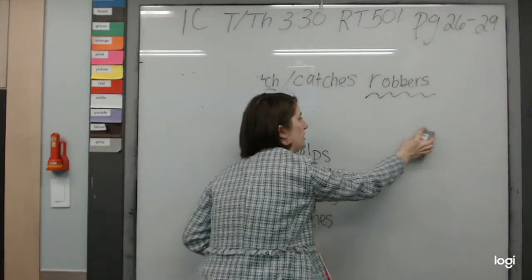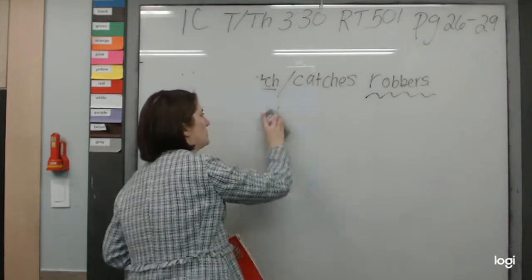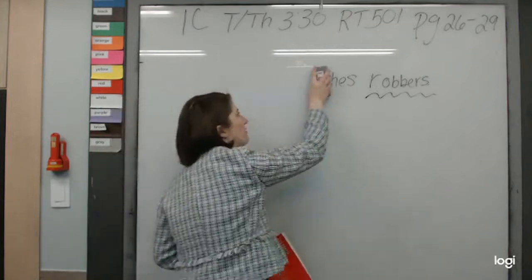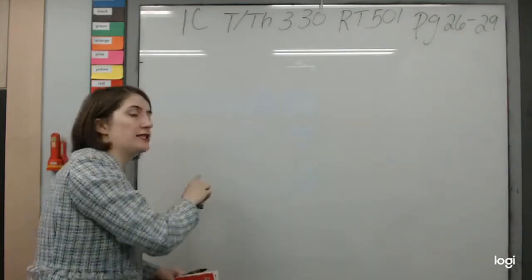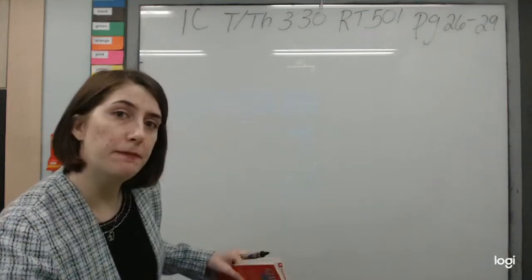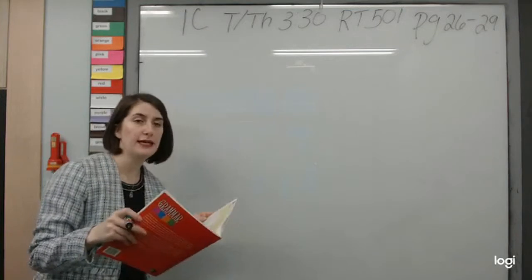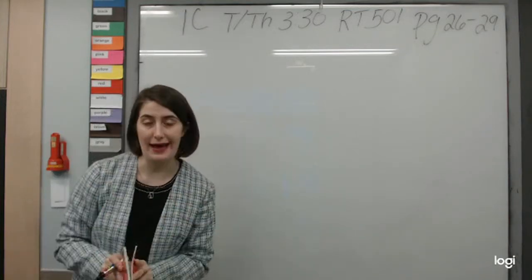Now, for section 2, we need to take the verb and put it in the right verb tense. Remember, we are still using simple present, and because we are still using simple present, that either means it will have an S or no S.